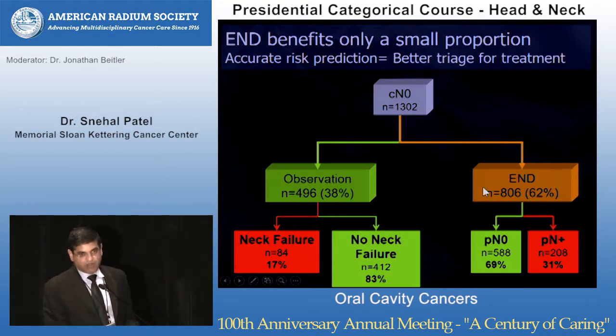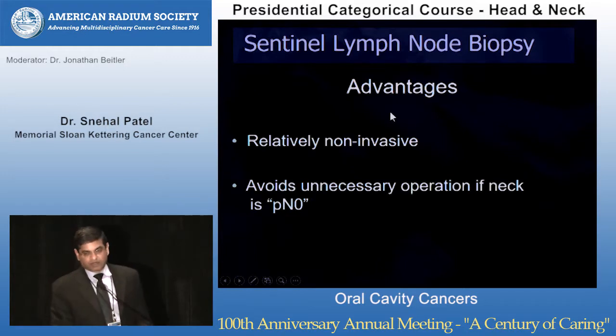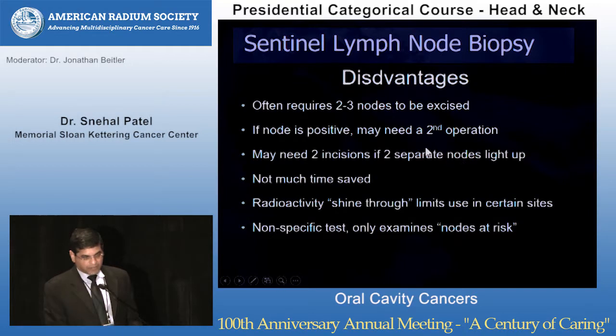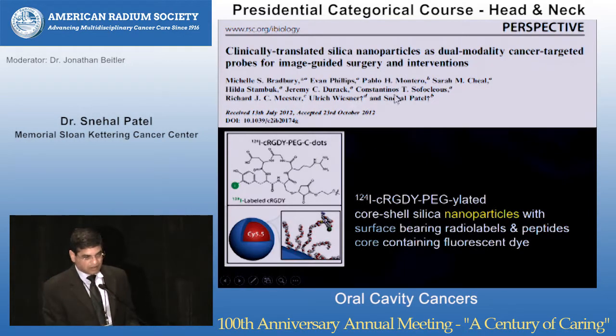If you can somehow identify these patients ahead of time, you can better triage them for treatment. Sentinel lymph node biopsy is increasingly popular in Europe, not so much in the US, as an intermediate way of detecting lymph node metastases in the neck. I won't belabor the advantages and disadvantages, but it's not caught on in the US.